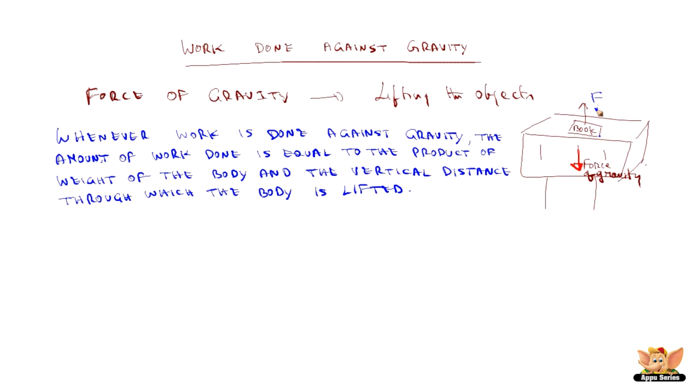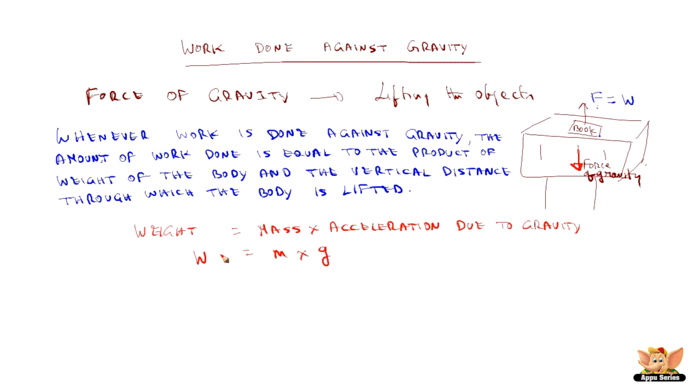Whenever work is done against gravity, F becomes W. What is the weight? The weight of the body is mass into acceleration due to gravity. If we say mass is m, acceleration due to gravity is g and weight is w, then w is m into g.